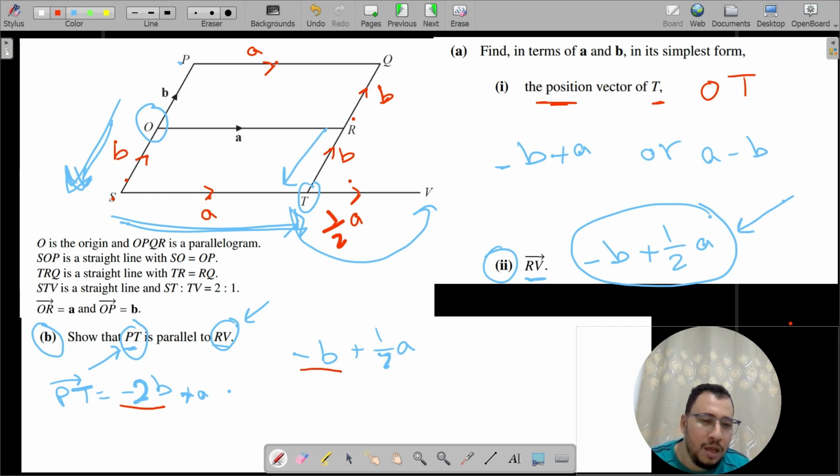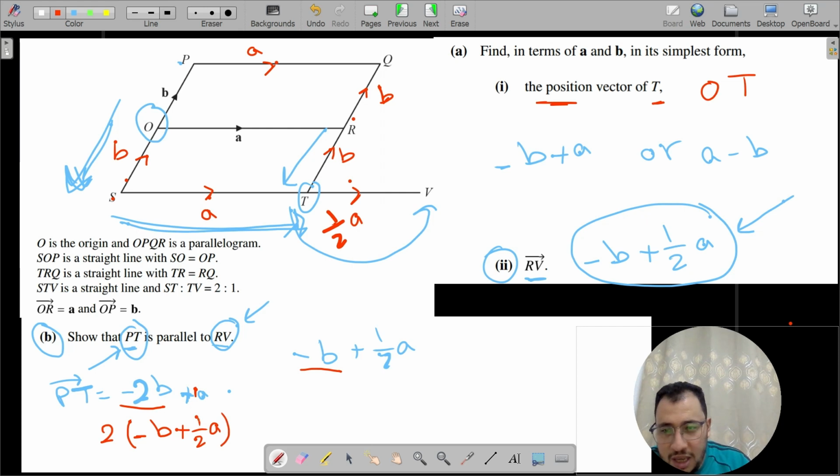We divided by 2, so we can take 2 as a common factor. Okay, so let's take 2 here as a common factor. I will have here negative b plus, how can we take 2 here as a common factor? You will have to divide by 2. So you have here 1, so it's going to be half a.